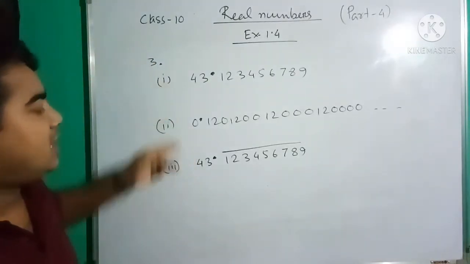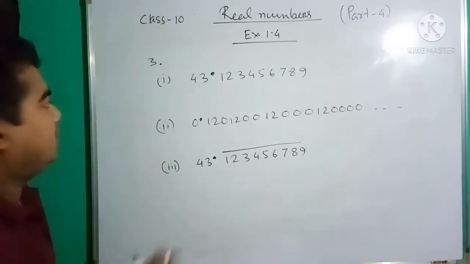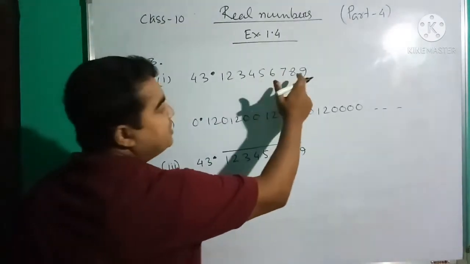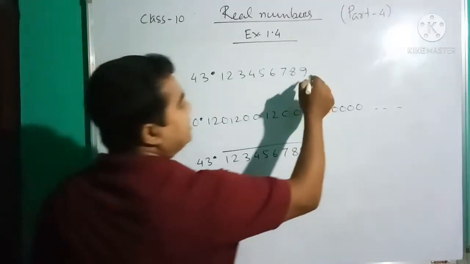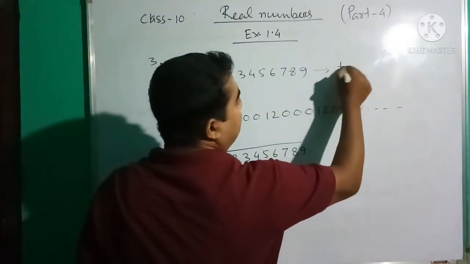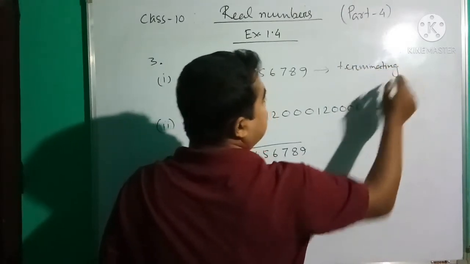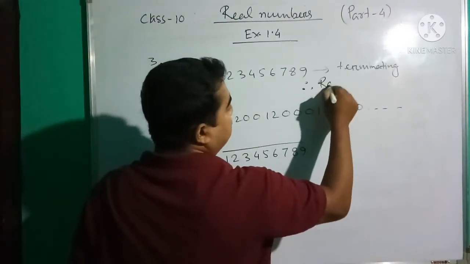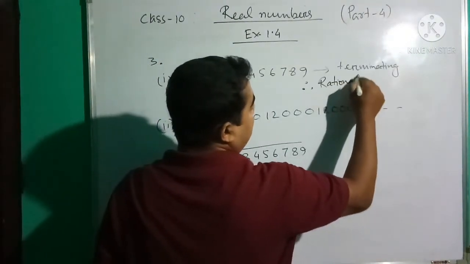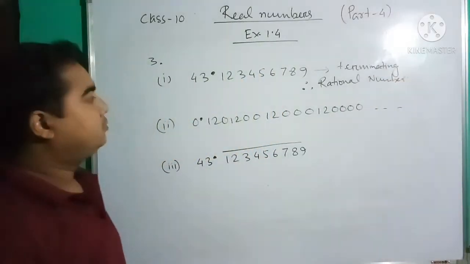Now, which questions satisfy these conditions? At first, question number 1. See, 43.123456789 is completed or not? That means terminating. Its decimal expansion is terminating. If the decimal expansion is terminating, then it is called a rational number. Therefore, it is a rational number. Clear point?